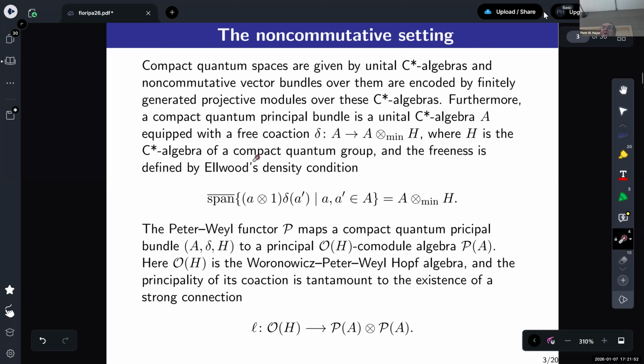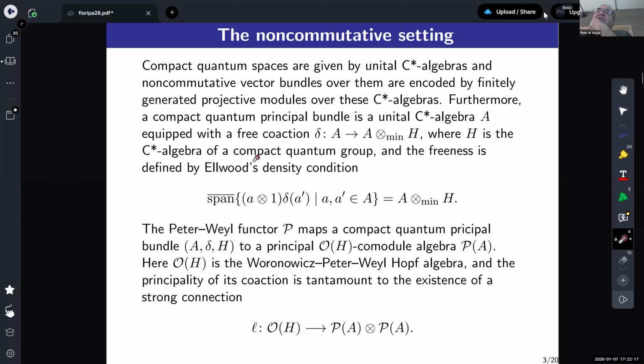Okay, but now in order to go to the realm of Hopf-Galois theory, where you have a lot of technology, well, again, we do very much the same as what Woronowicz did for compact quantum groups. You see, Woronowicz created the Peter-Weyl theory for compact quantum groups. Using representation theory, he defined the Peter-Weyl Hopf algebra for his compact quantum groups.